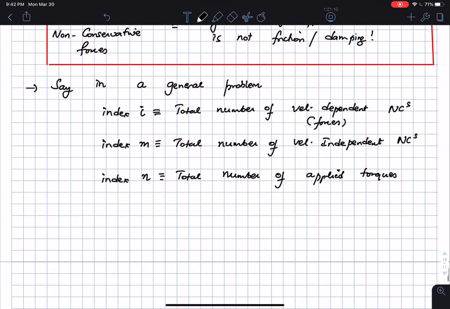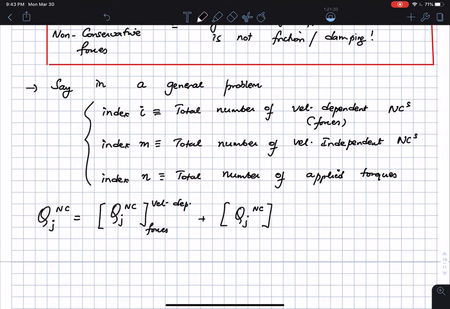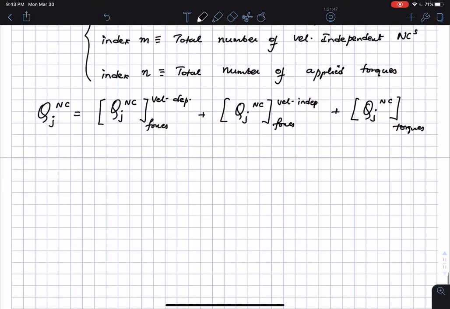Then we have the following. Qj non-conservative is going to be, as usual, velocity dependent forces plus Qj non-conservative velocity independent forces plus Qj non-conservative torques. And if I write this out, then watch this carefully.